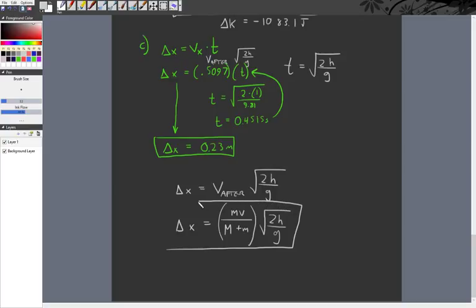And that's the algebraic solution for part C. And yes, I really did go in and plug in all these numbers, okay? And I got delta x is equal to 0.23 meters.